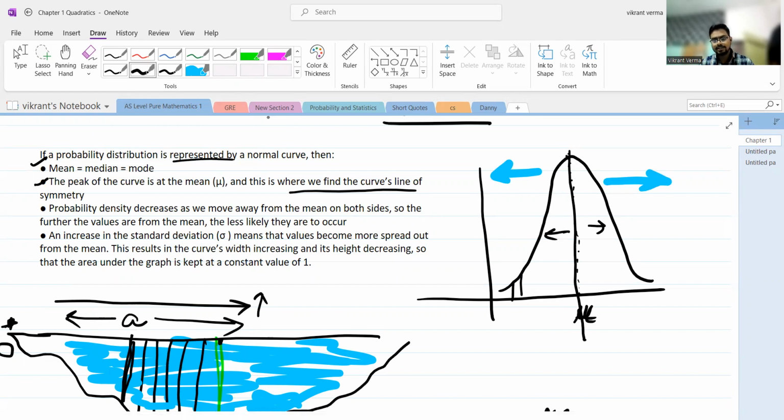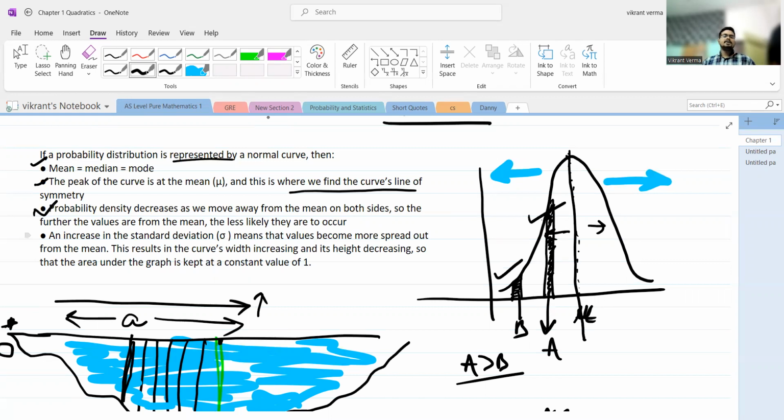If you pick two adjacent points of the same width here, the area will be smaller compared to picking them near the mean, where we get a longer strip. The area of A is greater than B, so the probability at A is more than at B.